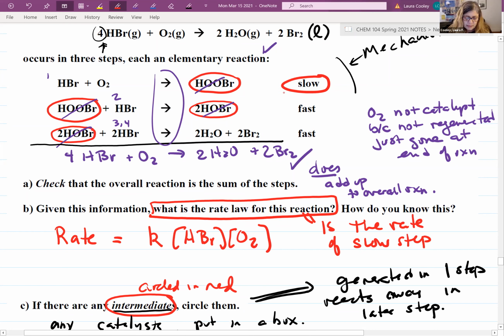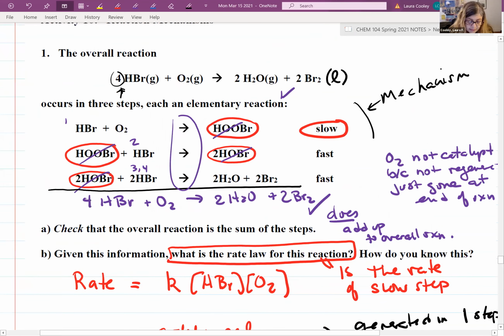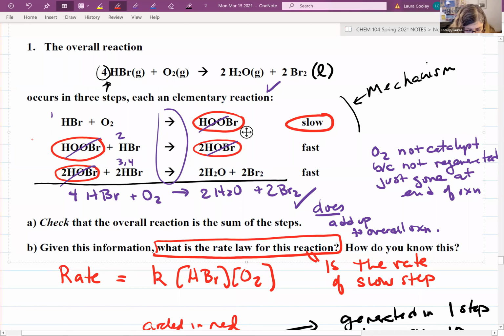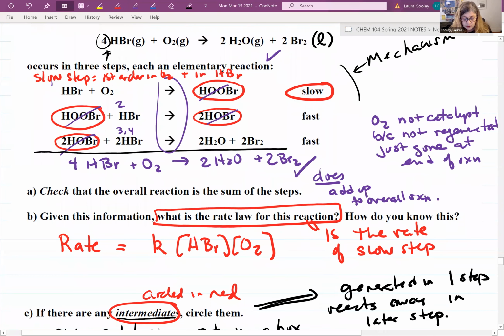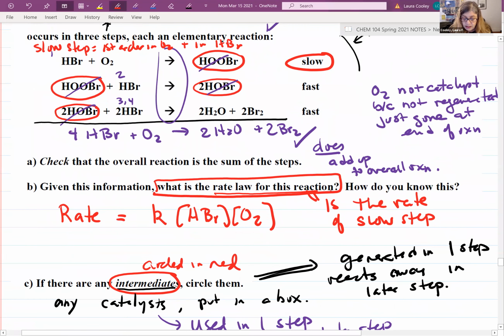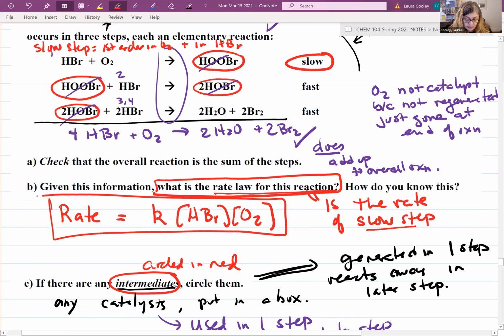Here's the slow step. It's first order in each of these things. So the slow step is first order in O2 and in HBr. So therefore, the rate law for the entire reaction, which is the rate of the slow step, is also that. So that is the rate law for this reaction.